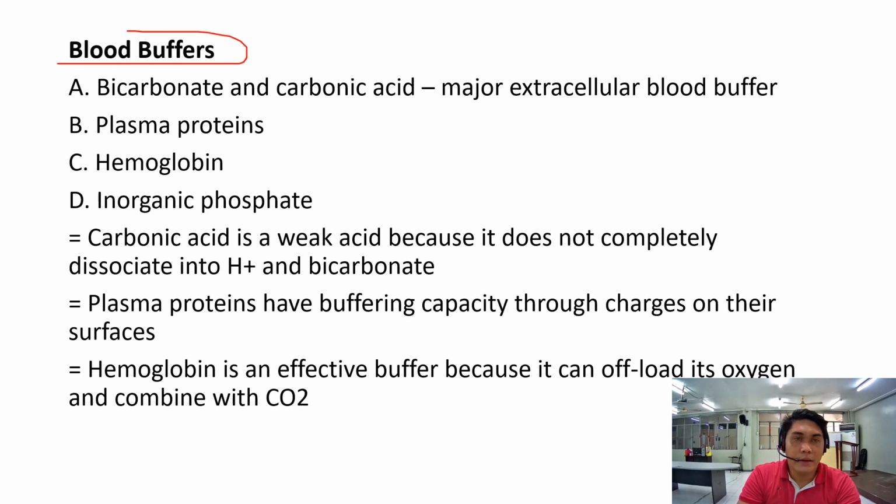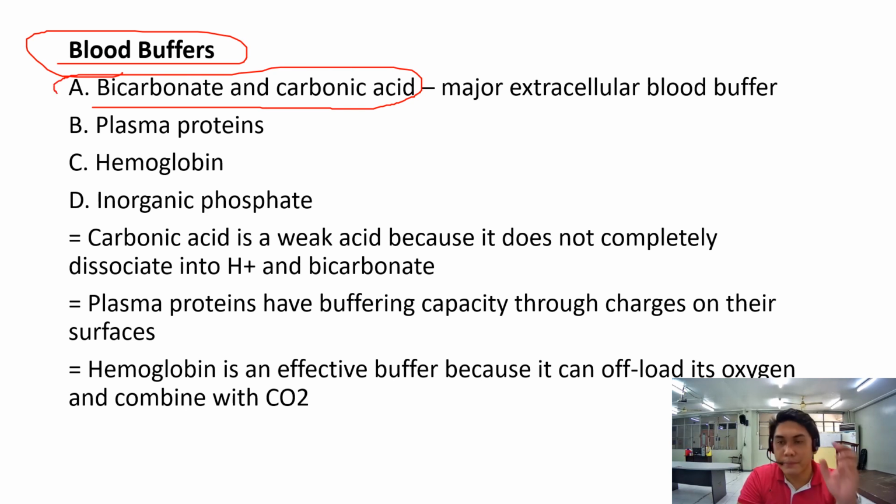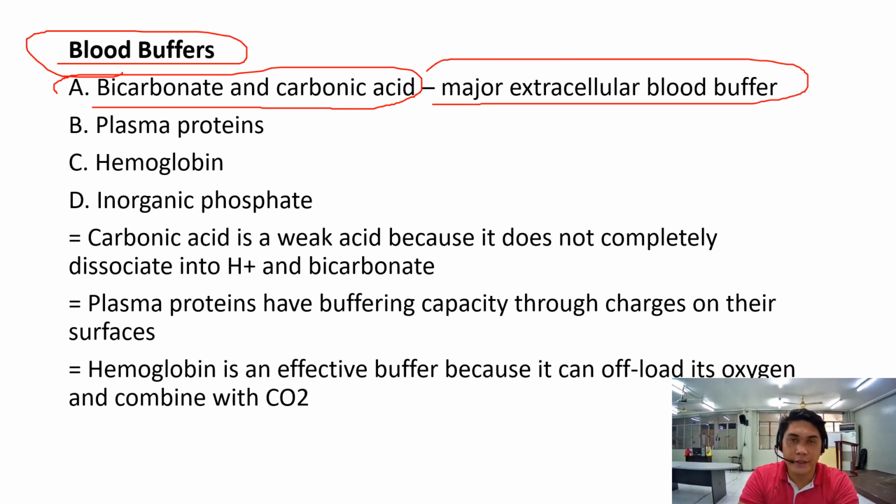Next, you have the blood buffers. For blood buffers, I have bicarbonate and carbonic acid, and this is the major buffering system in our body. It's a major extracellular blood buffer. The ratio, remember, is 20 to 1.